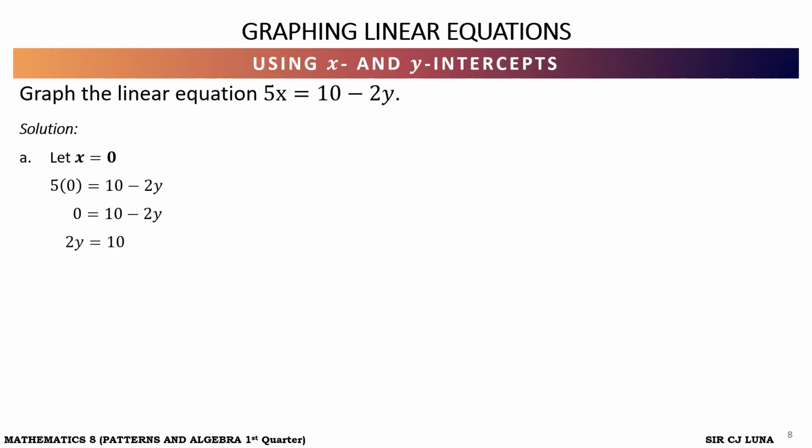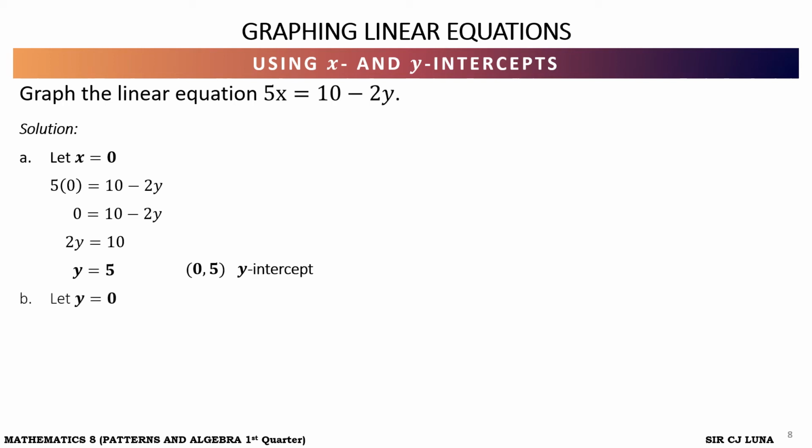So it becomes positive 2y equals 10. To solve for the value of y, we have to divide the whole equation by 2. So we have y is equal to positive 5. So if x is 0, the value of y is equal to 5. That means y-intercept is 0, 5.